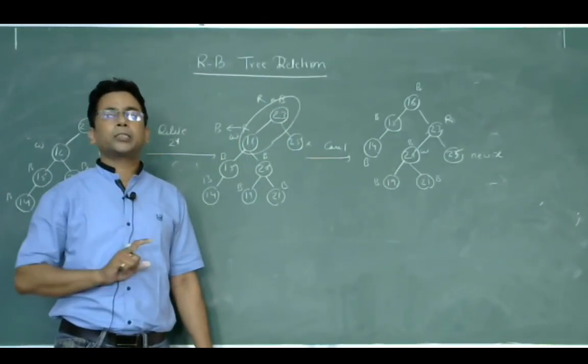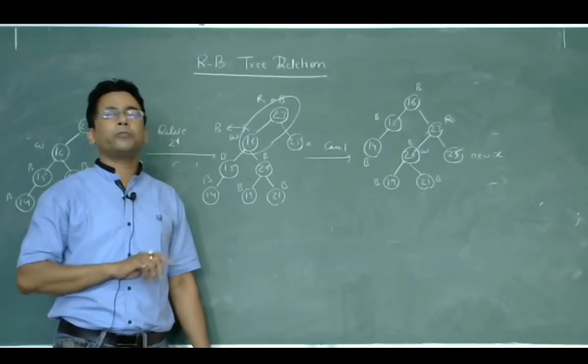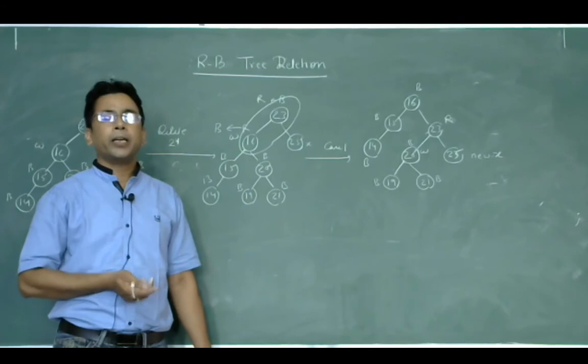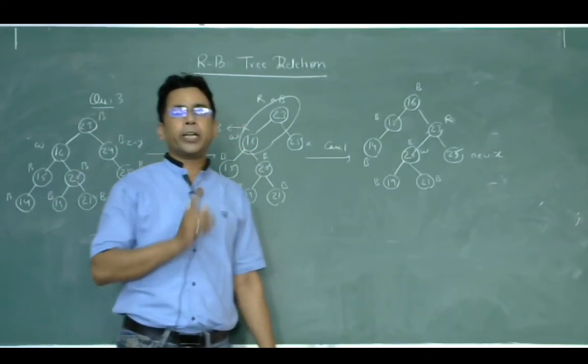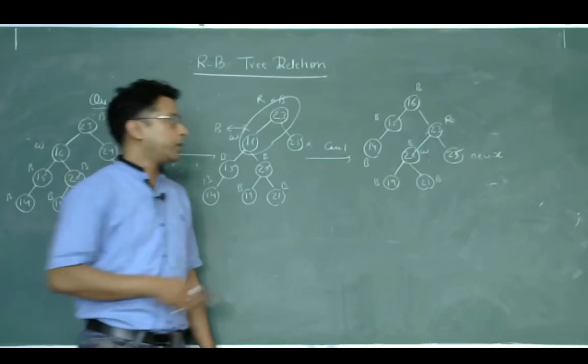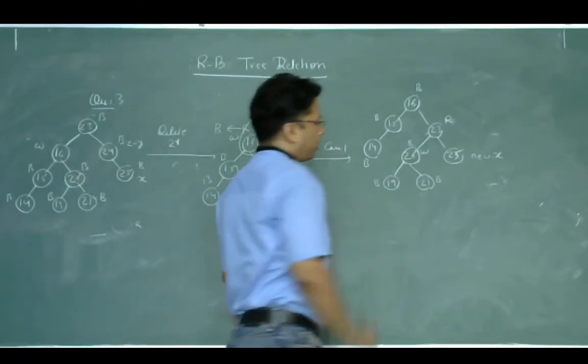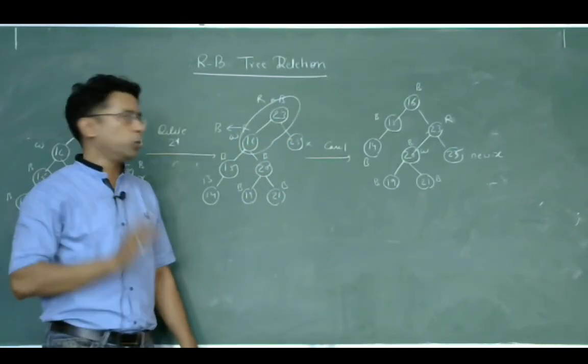This is case 2. In case 2, the sibling is black and both of the children are black. In case 3, the sibling is black but the left child is red. In case 4, the sibling is black and the right child is red. But here both of the children are of black color.